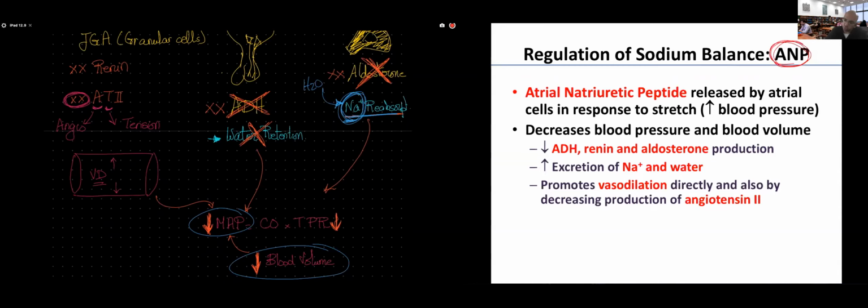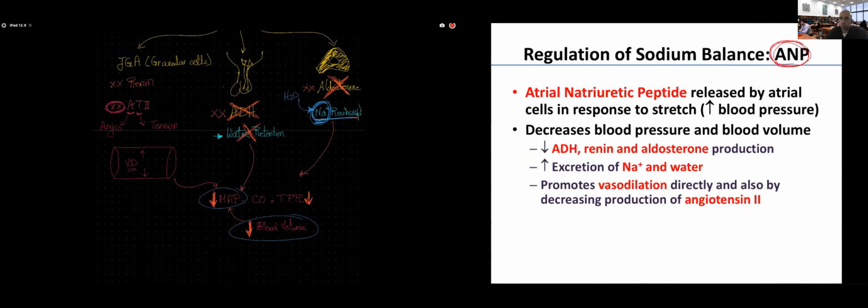Because we found out that whenever this peptide is present in the blood, sodium gets released out in the urine. So we called it atrial natriuretic peptide. All right. Questions?